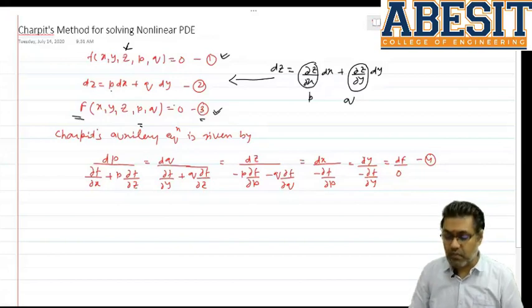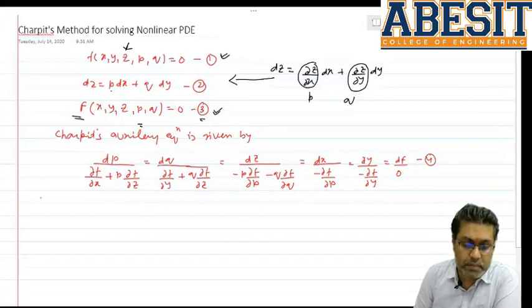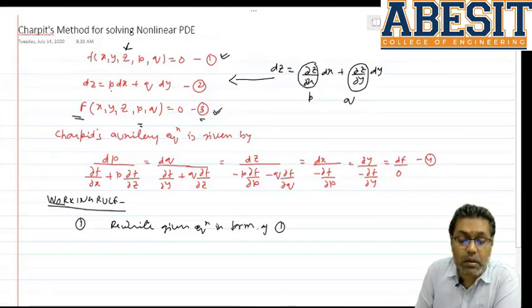I am writing some working rule here. So with the help of this working rule, you will be very confident to get the solution. Working rule. So first rule says, rewrite our equation like equation number 1. So rewrite the given equation in the form of equation number 1.